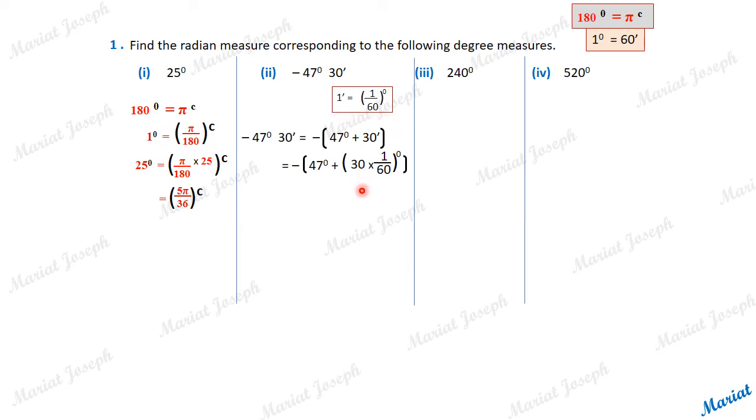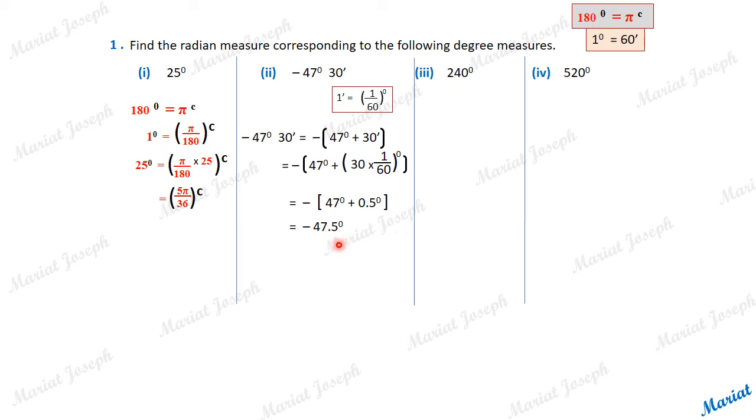So 30 minutes is 30 into 1 by 60 of a degree. This is half degree. So we have the angle minus 47 degree plus 0.5 degree. So why don't we put these two together? Now both are degrees. That is minus 47.5 degree.